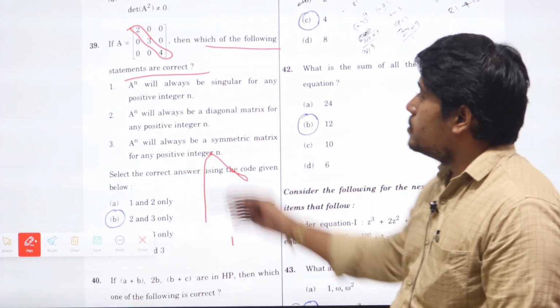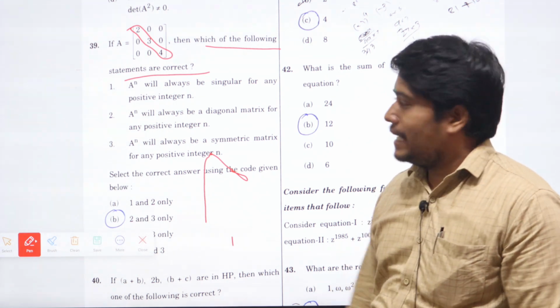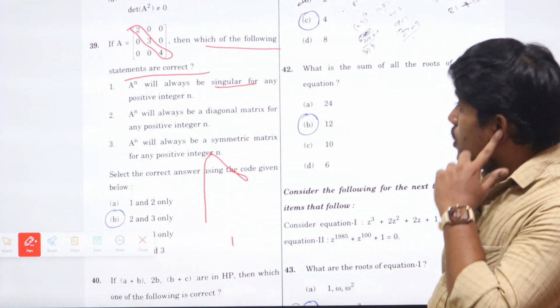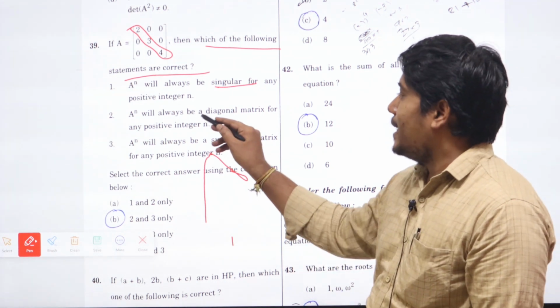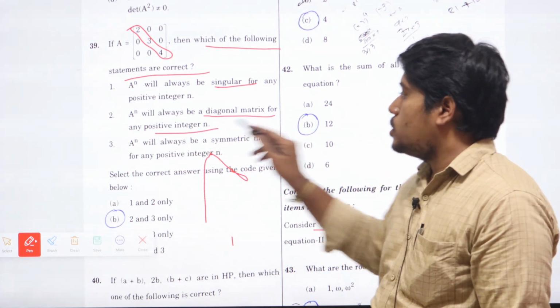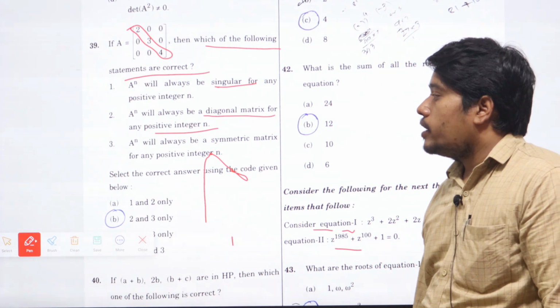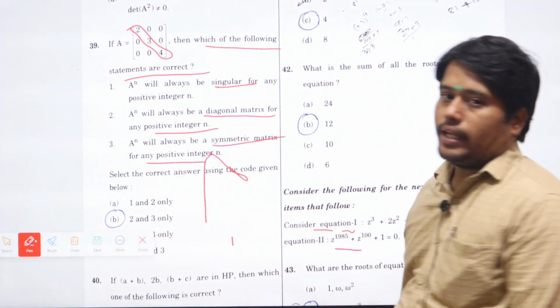The first one: A^n, that is A to the power of n, will always be a singular matrix for any positive integer. A to the power of n is always a diagonal matrix for any positive integer. And option 3, A to the power of n is always a symmetric matrix for any positive integer.